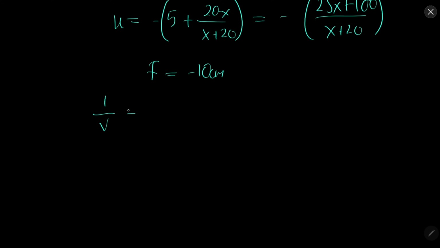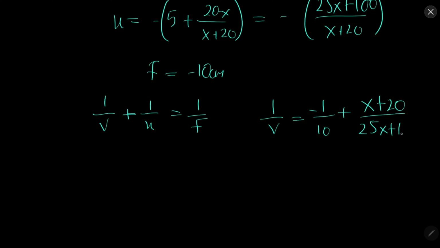1/v plus 1/u equals 1/f. So 1/v minus 1/10 times (x plus 20)/(25x plus 100). So v will come out to be 50(x plus 4)/(3x minus 20).